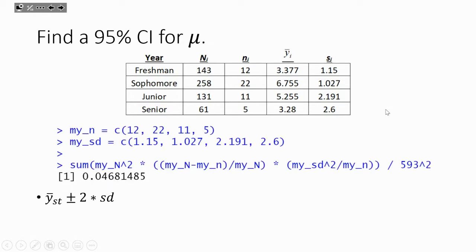So here's how we can compute that in R. I'm using the same values of my n from the previous slide. Now I also have my little n for the sample sizes from each stratum, and my SD for the standard deviations from each stratum.